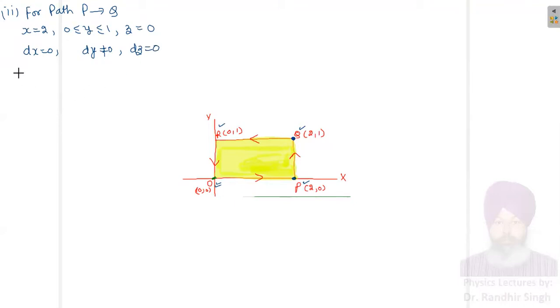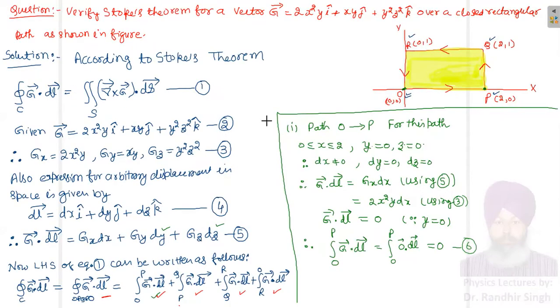Therefore g dot dl will be simply equal to gy dy, that is equal to xy dy. If you see the previous page, gy is actually xy. Is it okay? So let me put in the value and see what happens.